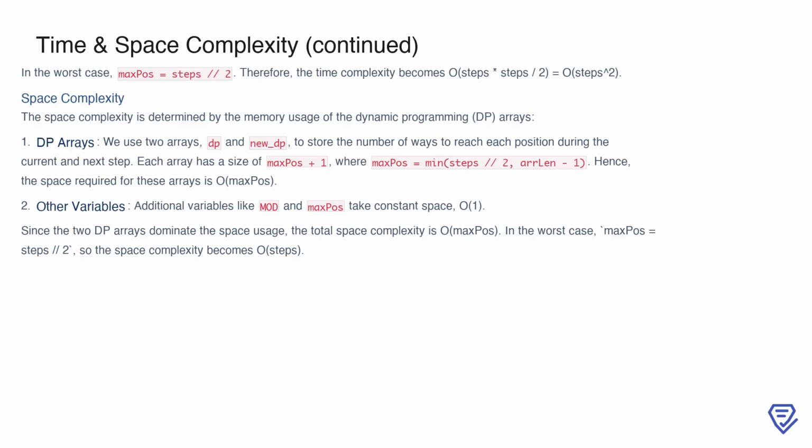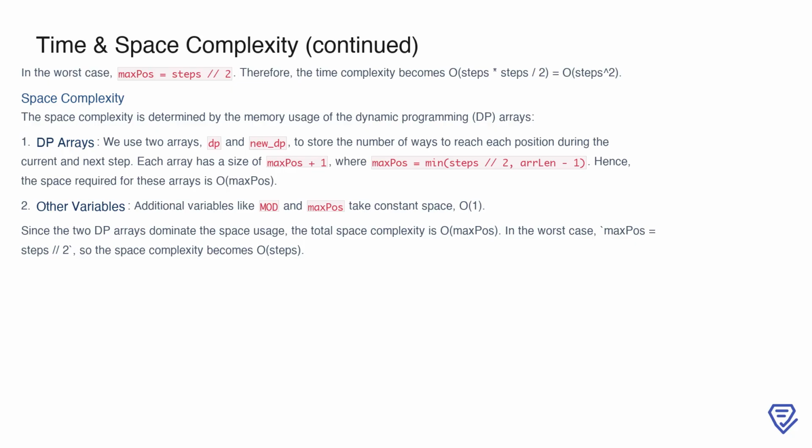Now, let's consider the space complexity. The primary contributors to space usage are the dynamic programming arrays, dp and new_dp. These arrays are used to store the number of ways to reach each position for the current and next steps. Each array has a size of MaxPos plus 1, which is determined by the same MaxPos value we used for time complexity.